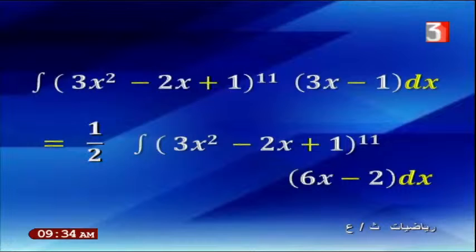Now we have a function (3x^2 minus 2x plus 1) to the power 11, and its derivative 6x minus 2 dx.